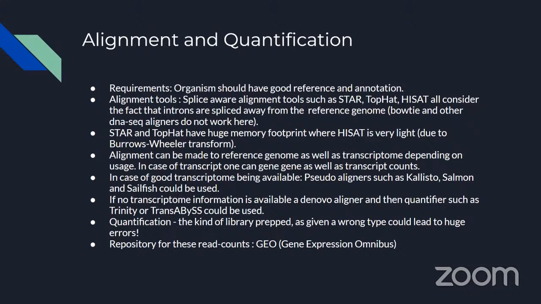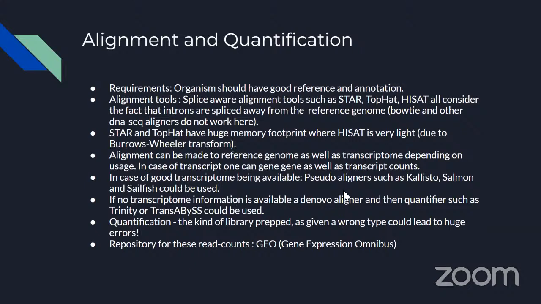In such cases, for example, you want to compare which transcript of a particular gene is being differentially expressed. When you have a very specific case, you can align it to a transcriptome. STAR and TopHat also allow alignment to a transcriptome.